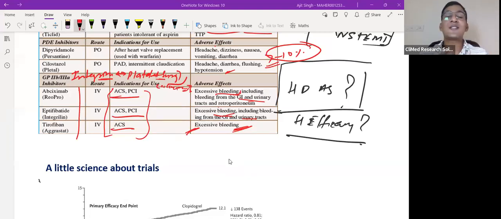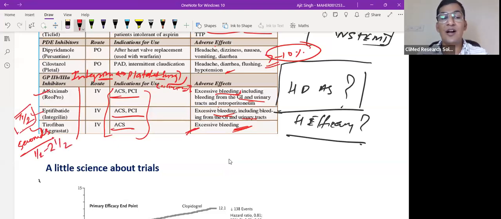So the circumstances are during the procedures, because if I'm talking about tirofiban and eptifibatide, they start acting within seconds, and the half-life is around half an hour to 2.5 hours.